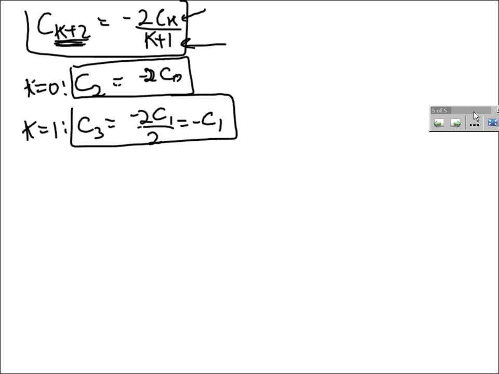C sub 3 is -C1. Now, when K is equal to 2, 2 plus 2 is 4. It equals -2 C sub K over 2 plus 1, which is 3. And the only thing is we know K is 2. So that's what C sub 4 equals.